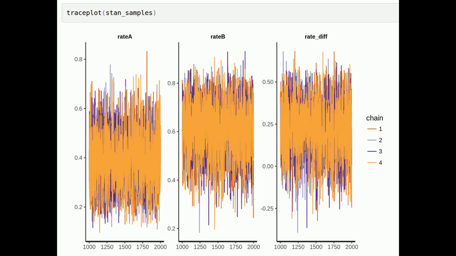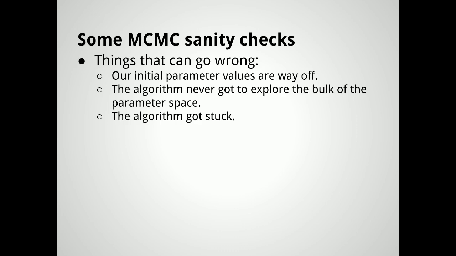Now, note that I said in the long run. As we just allowed Stan to go on for a little while, we cannot be sure if our run was long enough. And while we can never be 100% certain of this, we should at least do some Markov chain Monte Carlo sanity checks, because there are many things that could go wrong.